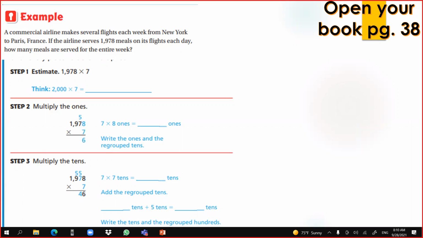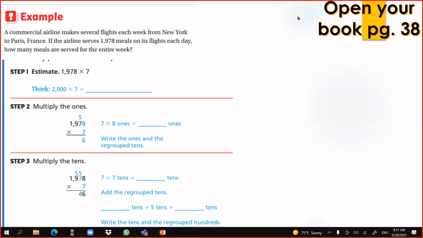So here, they give us 1,978 meals per day. Then they ask how many meals are served for the week? How many days in 1 week? 7 days, bravo. So now you're going to multiply 1,978 by 7.